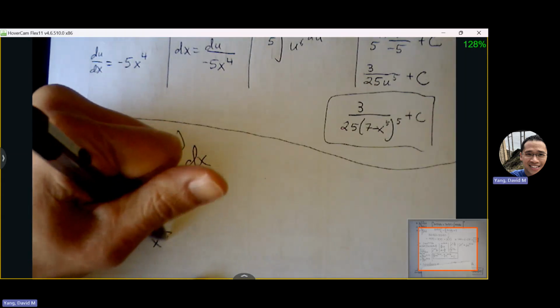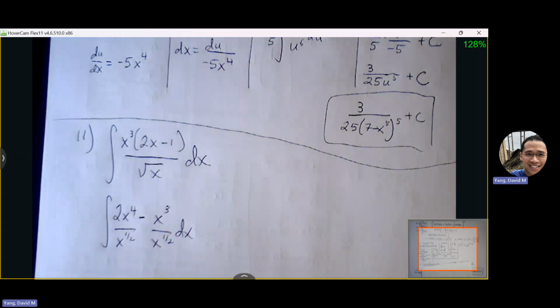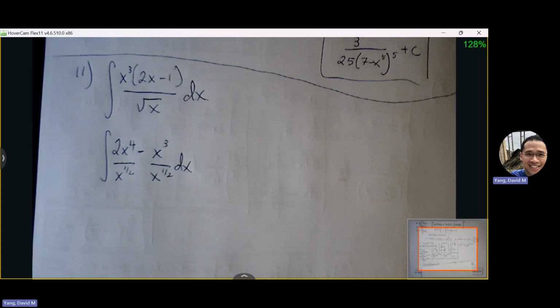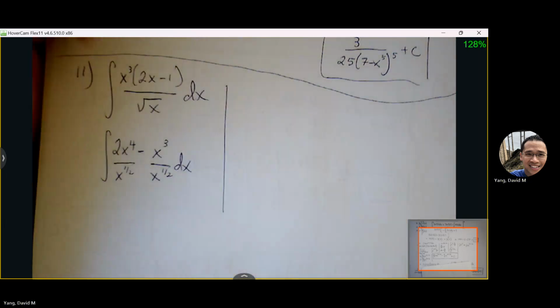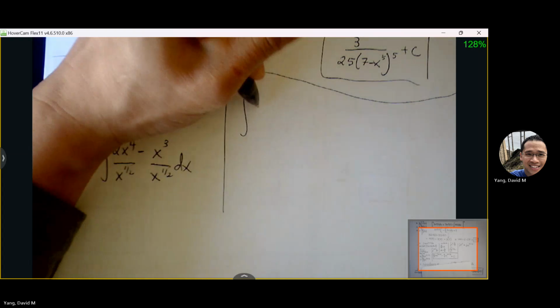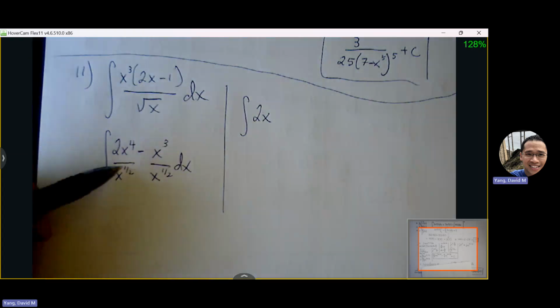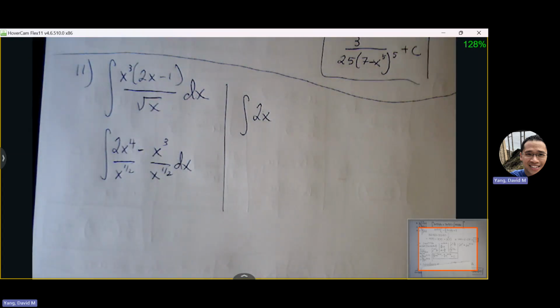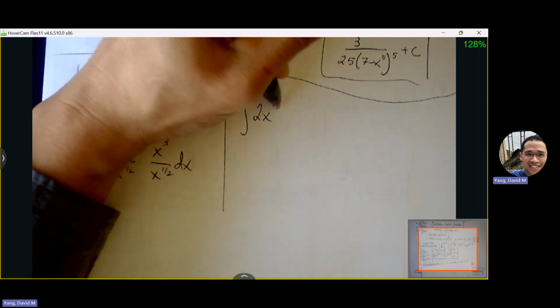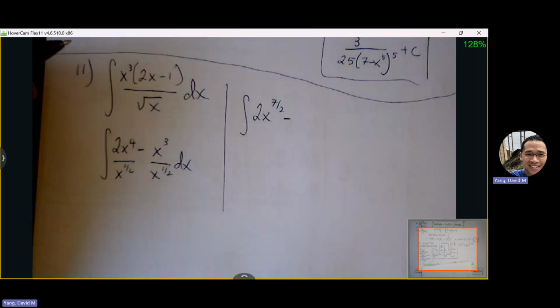Just like you were demonstrating on the quiz, this is similar to your quiz problem here. So you split up into individual fractions, subtract the exponents to bring the exponents up. Four minus 1/2, the same thing as 8/2 minus 1/2, which is 7/2. And then 3 minus 1/2 is 5/2.